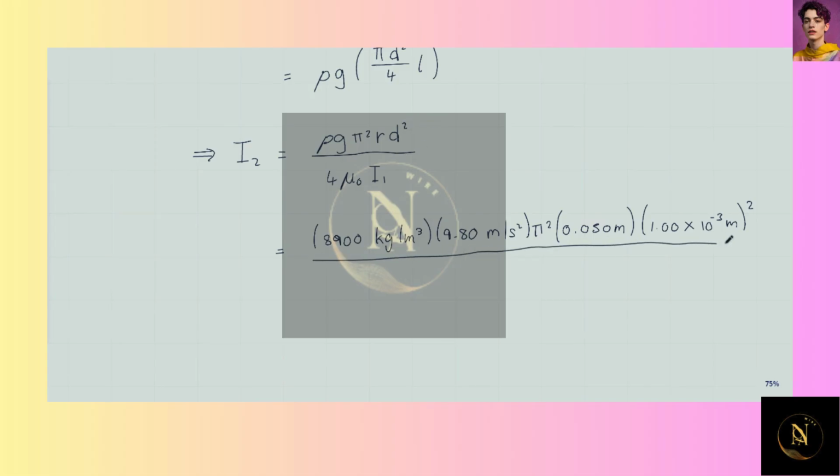And all of this is divided by 4 times mu naught, which is a constant, 4 pi times 10 to the minus 7 tesla meter per ampere, the permeability of free space, times the current in the upper wire, which is 48 amperes.